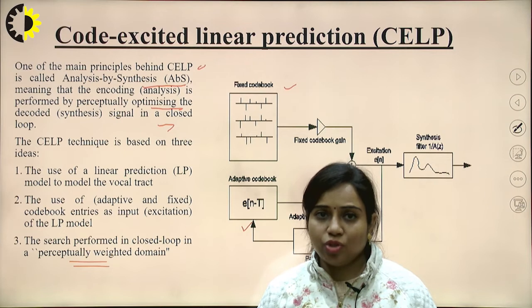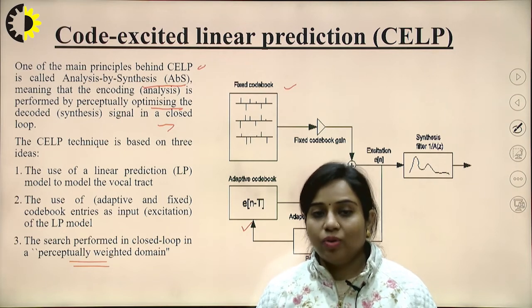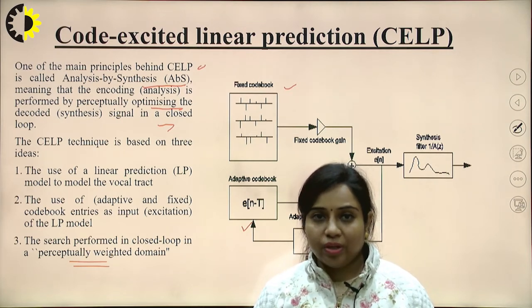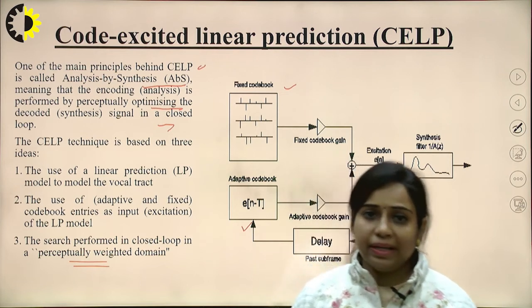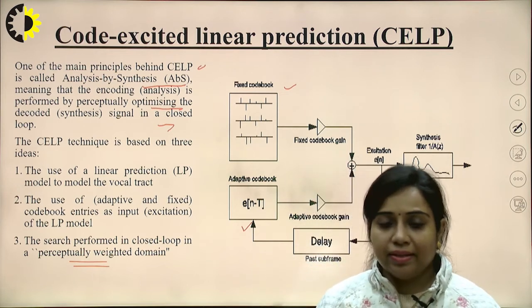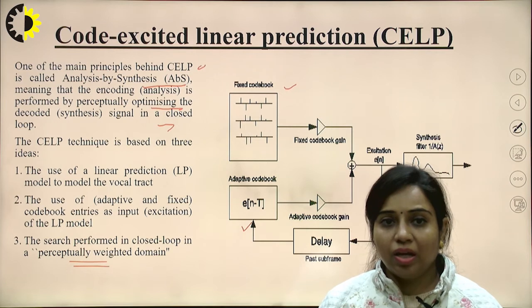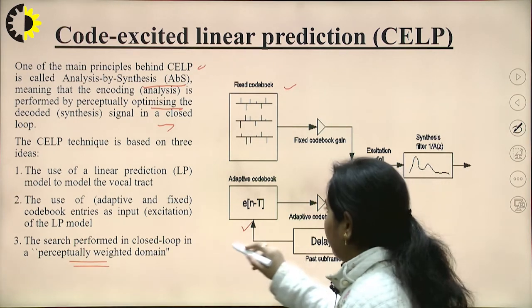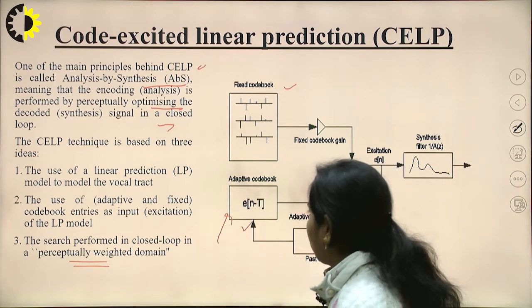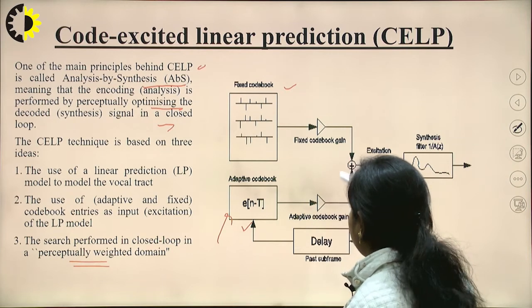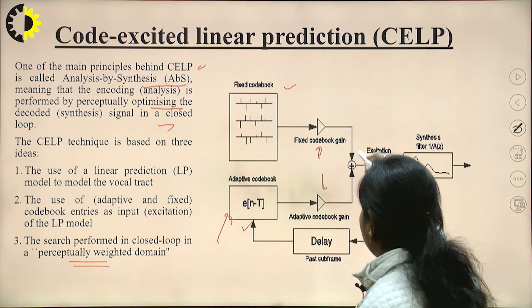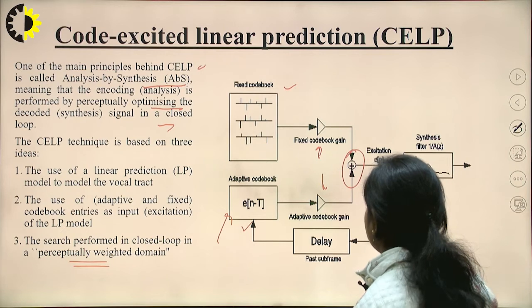In case of the fixed code book, whatever data is stored is fixed. But every time a feedback is attached, the signal output is going to change and it is going to update this adaptive code book. Now the output of this adaptive code book and the fixed code book gain are added together using this summer, and then it acts as an excitation.